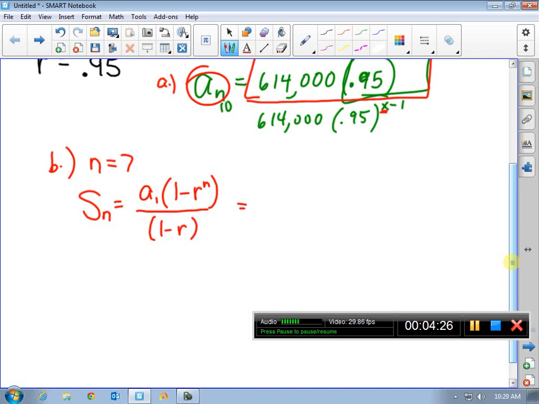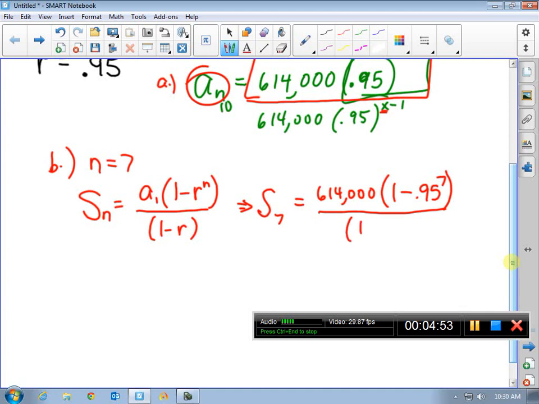So we're adding up for 7 weeks. S sub 7 is our first week times 1 minus our r value to that guy to the 7th power. So I'll probably do that first on my calculator. All over 1 minus 0.95.